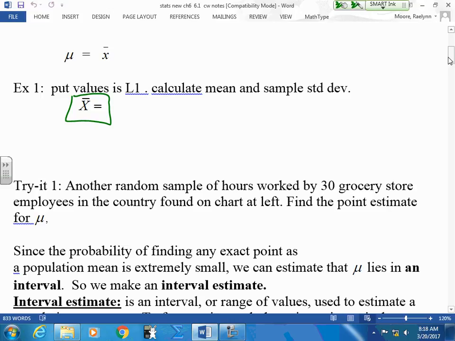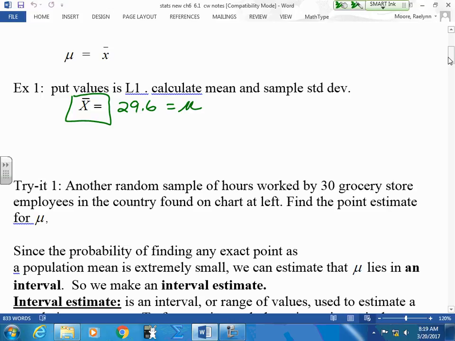Okay, so now, in example 1, the probability that the population mean is exactly 29.6 is virtually 0. If I'm making an inference about my population based on the sample, and I say, therefore, the mean of my population would be 29.6, that's one little teeny number because it even has a decimal in it.